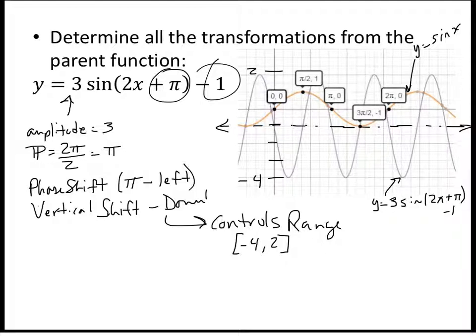And we could mathematically show our graphs by plugging in the numbers into the functions, but being able to see, hey, this is my parent function, I'm just moving it down 1, moving it left pi, stretching it by 3, and I'm going to put 2 of the repeats in 2 pi instead of just 1. That was a key thing to be able to do for us, because it showed us where our x-intercepts were, it showed us a lot of things, okay? So it made life a whole lot easier.